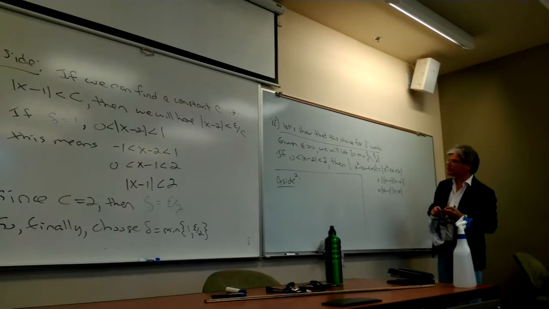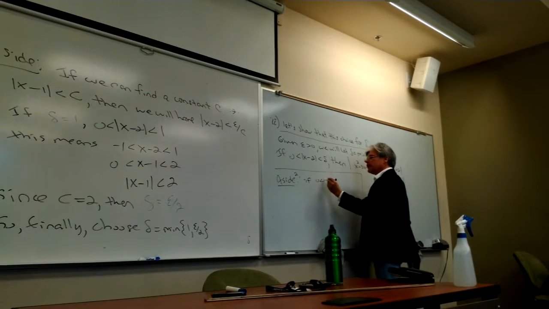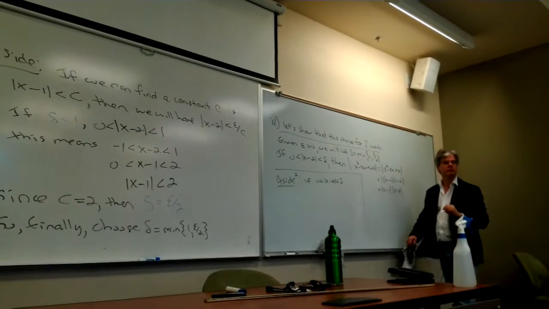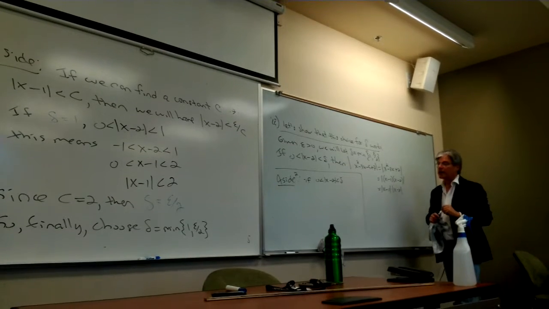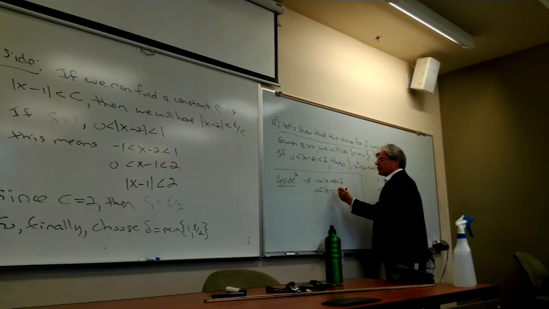And pulling out my other piece of scratch paper, if it is the case that the absolute value of x minus 2 is sandwiched between here and here, and I choose that particular value for delta to be nothing more than, what do you guys think, maybe a 1?